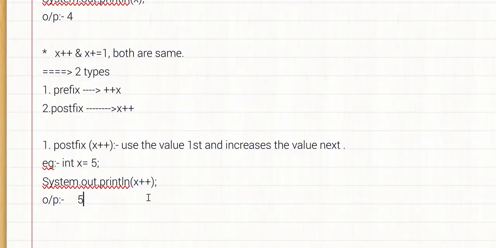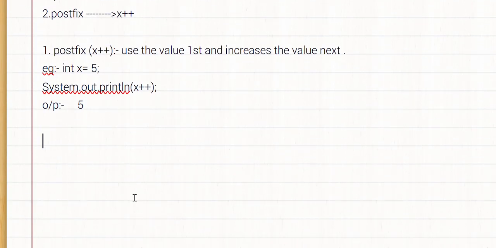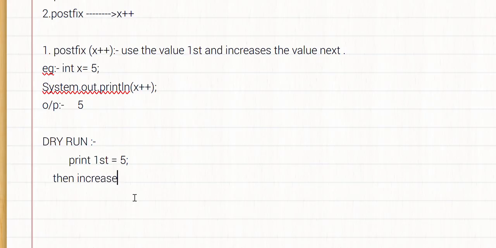No problem. Let us check a dry run, then you'll understand clearly. Dry run: first print 5, then it increases to 6, but the output will be 5.